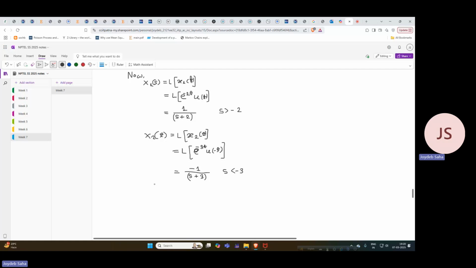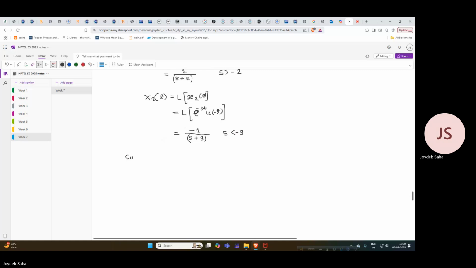So X(s) is equal to Laplace transform of x1(t) plus x2(t), which is equal to Laplace transform of small x1(t) plus Laplace transform of small x2(t).